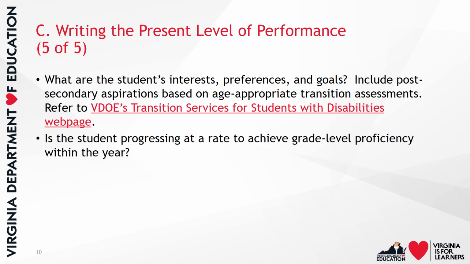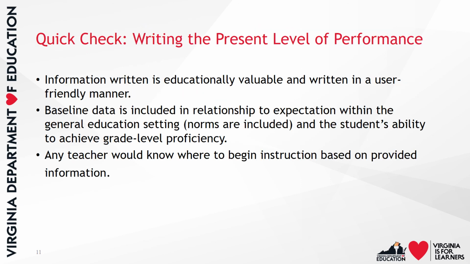Include post-secondary aspirations based on age-appropriate transition assessments. Refer to VDOE's Transition Services for Students with Disabilities webpage. And finally, is the student progressing at a rate to achieve grade level proficiency within the year? When writing the PLOP, remember to refer to your data sources to answer questions related to student performance.